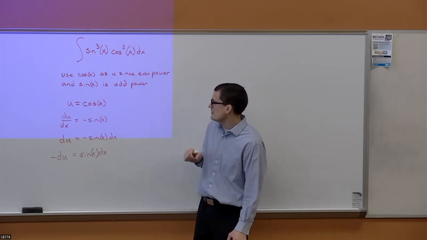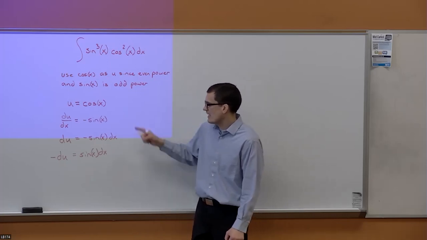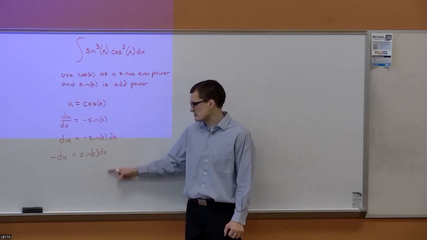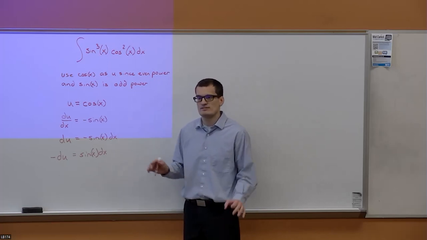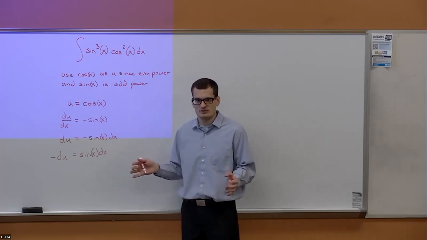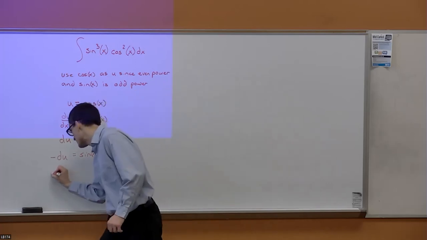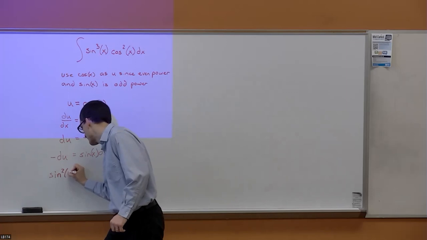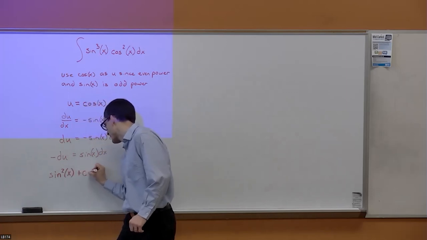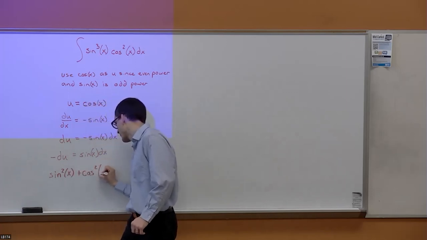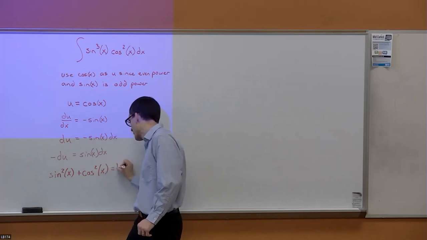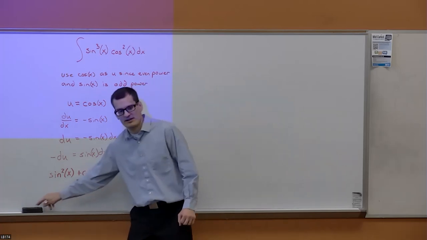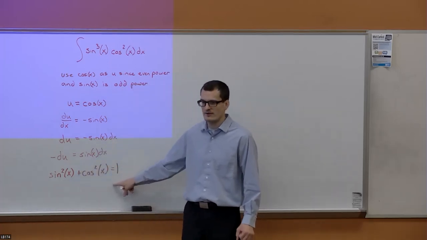Now, the other thing I'm going to do right now, right below this, is use my space here to just rewrite my standard trig identity, which is sine squared plus cosine squared equals 1. I'll leave a space right there because I'll write another line in just a second.